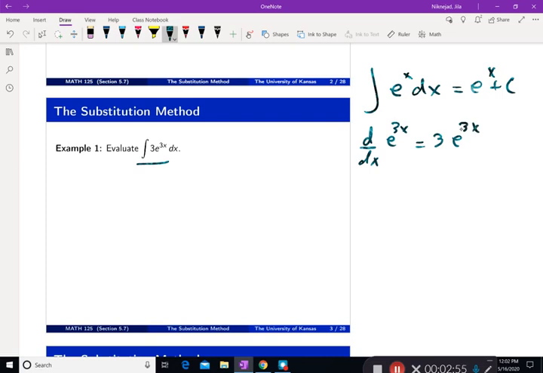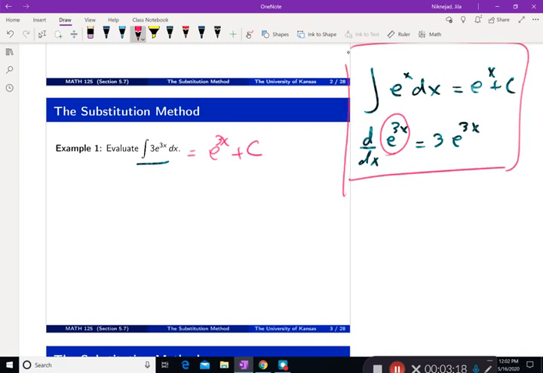Oh, so it's not e to the 3x, but 3e to the 3x that I'm actually seeing as a derivative of a function. And what function would that be? That would be e to the power 3x. So how I write this is e to the power 3x plus c.